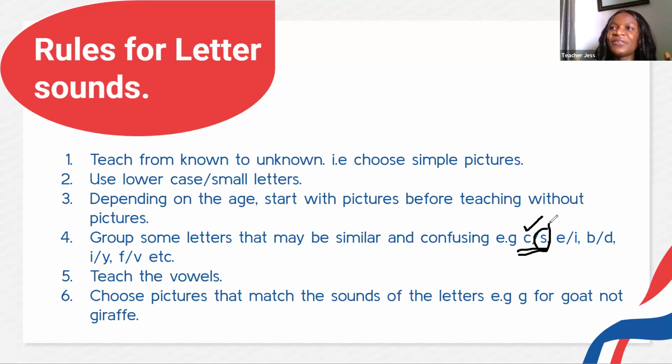So number one, write for me S. If you notice that child writing C, stay with that child. You need to go back. It means that child is confusing the letters. The letters are mixing up in the child's head. So you need to work on grouping letters that are similar and maybe confusing. Letter E and letter I. The name of this letter is the sound of this letter.